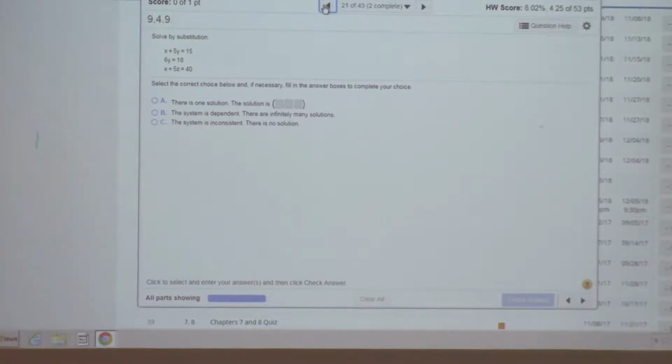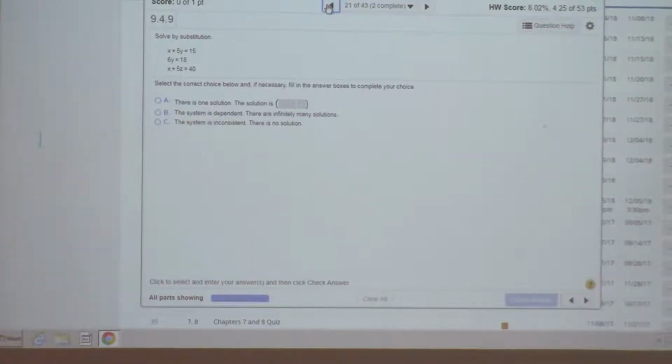We need that because the goal here is to bring them down to one equation in one variable. When you bring 3 equations in 3 variables down to one equation and one variable, then we know how to solve it. Okay, let's see how we can do that.